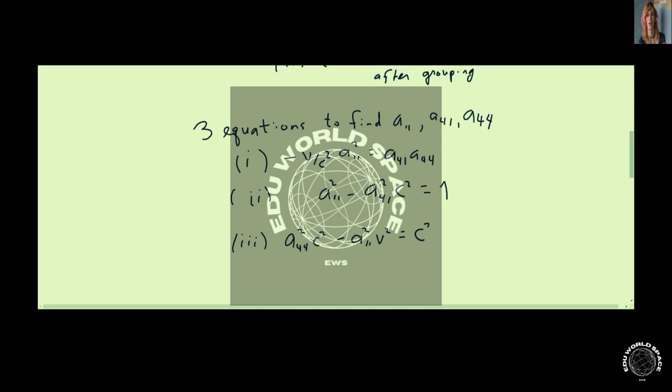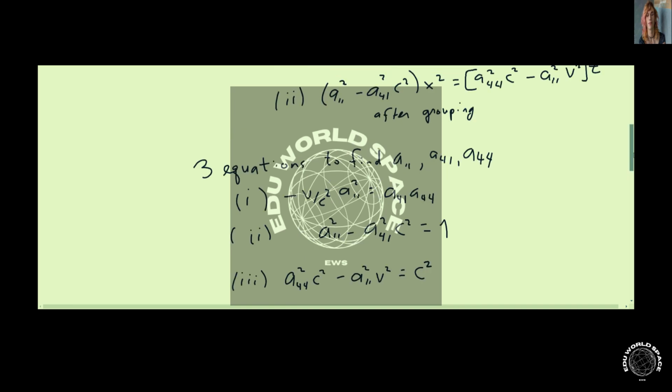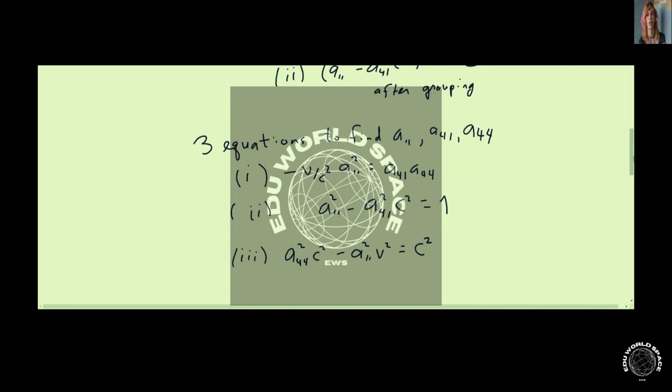Okay, so like any set of combined equations, what we'll basically have to do is start to substitute in terms of one unknown in terms of others. So I'm going to start with one and solve for a41. Then use that in here.